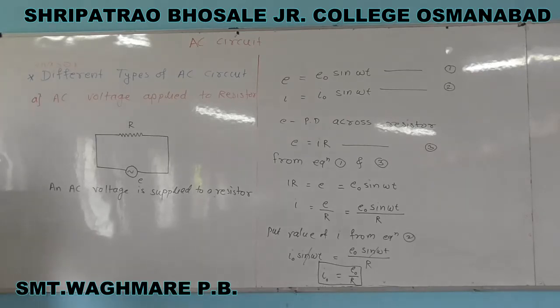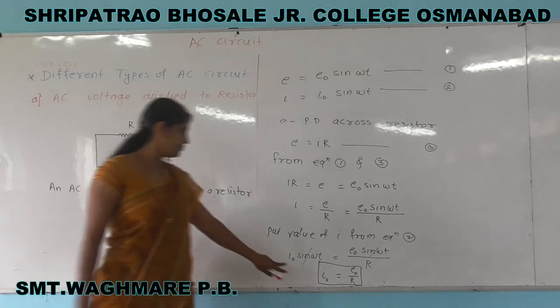Comparing I naught is equal to E naught upon R with Ohm's law, the resistor behaves similarly for the AC and DC circuit.